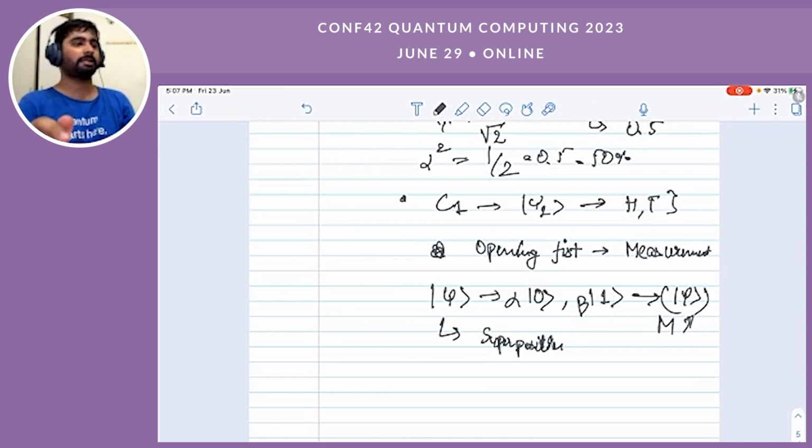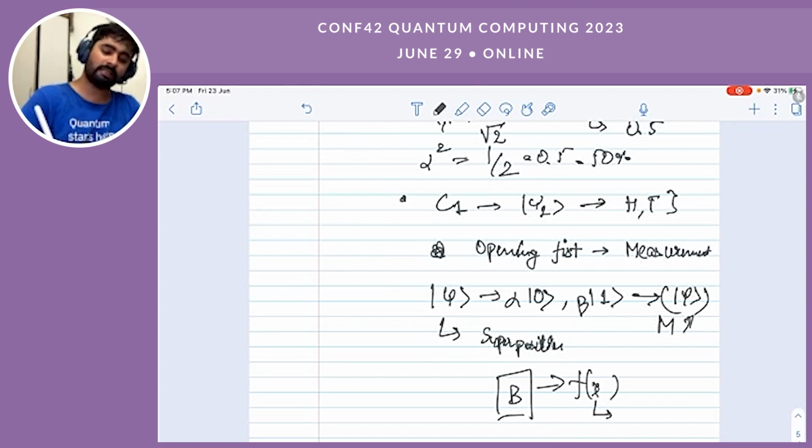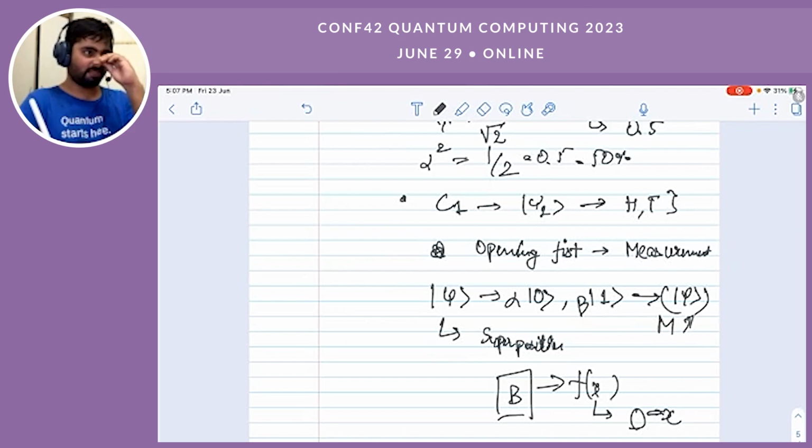For the sake of convenience, a very simple example: suppose we had a black box, basically a function f(x), and we need to find the minima of this function. Let's say the minima is at 0, so the value of x being 0 is what gives the minimum value of f(x), and we are using only one qubit.